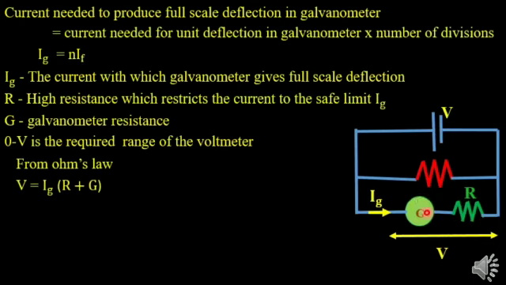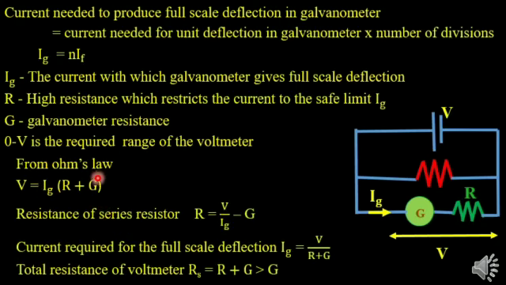So, the voltage across the galvanometer resistance combination equals the current through the galvanometer and resistance, which is Ig, into the total resistance of the galvanometer and resistance, that is R plus G. After rearranging, we get the resistance of the series resistor R equals V divided by Ig minus G. Then again after rearranging, the current required for full-scale deflection Ig equals V divided by R plus G.